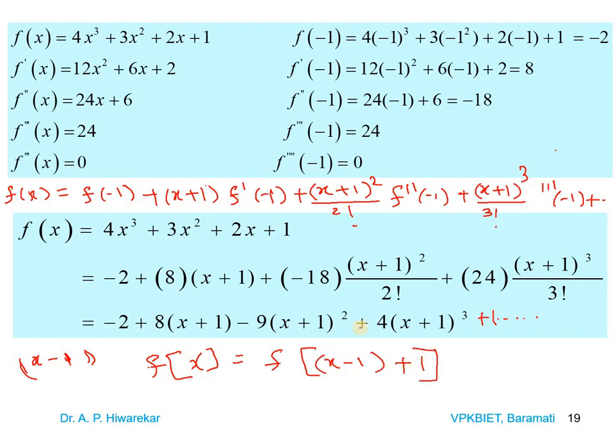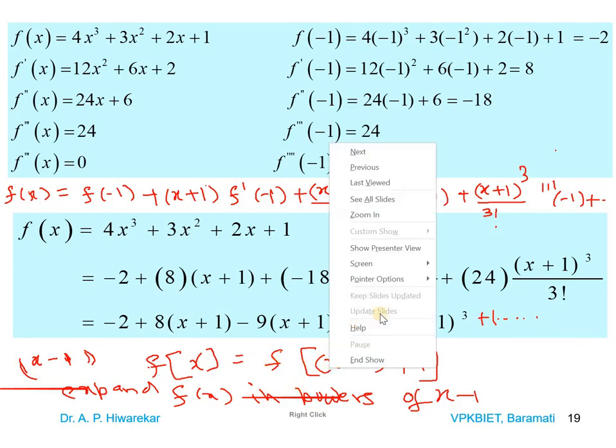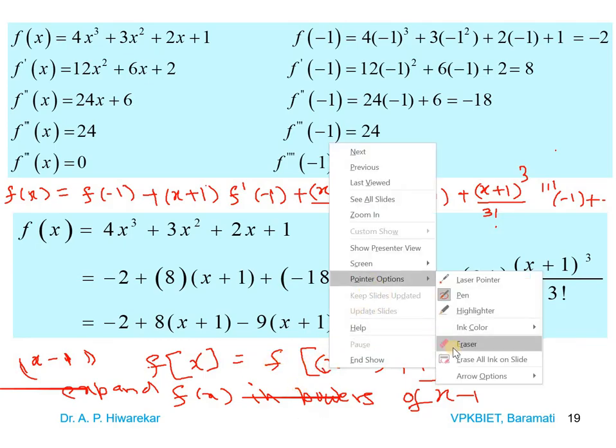So that is another problem as an assignment. What is that problem? Expand f(x) in powers of x minus 1.